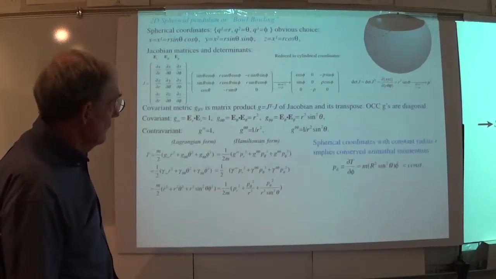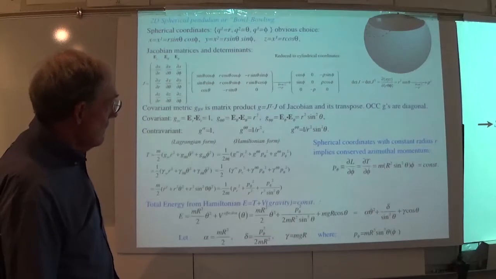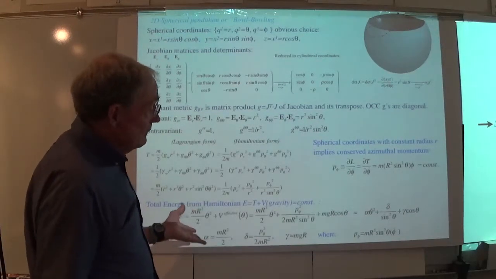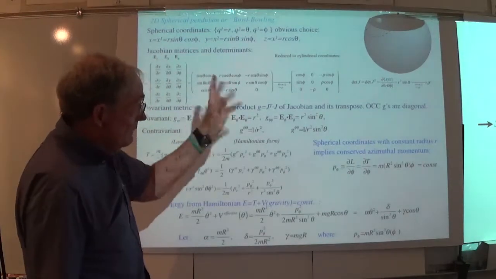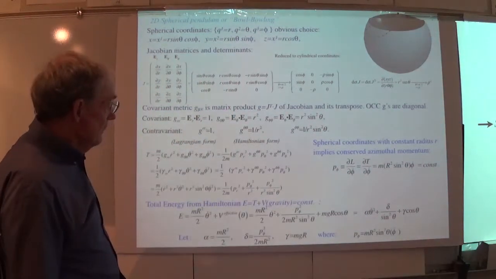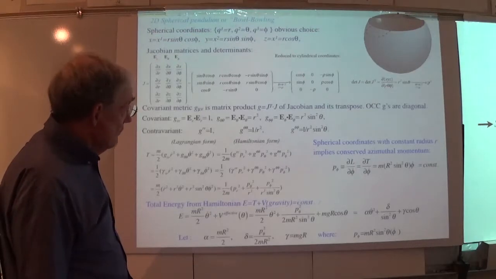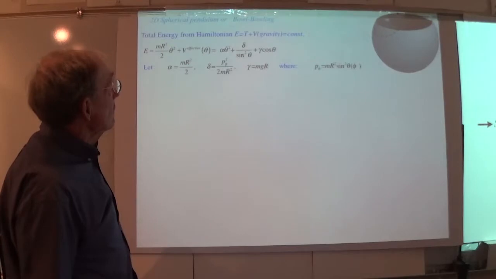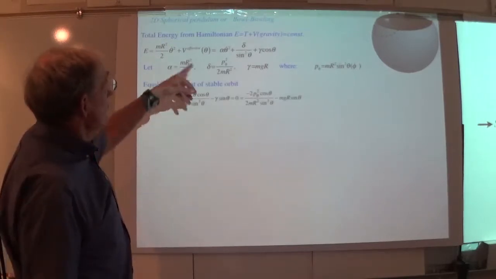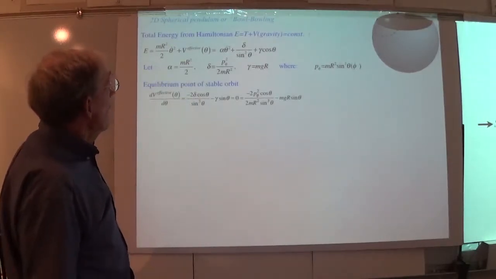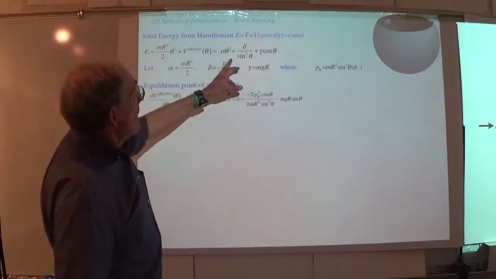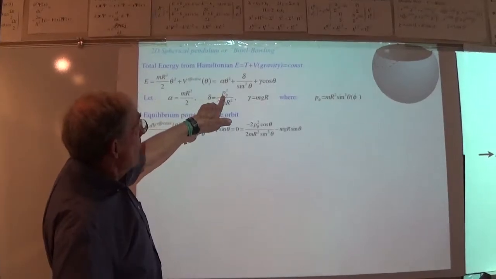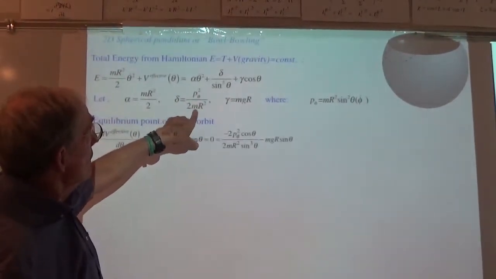There's the kinetic energy for spherical coordinates. But now we're keeping the radius constant. We're all going to be on the sphere with this, going at different azimuthal angles and different polar angles is really what we're doing. So this is an effective potential here. Let's see, the delta is the angular momentum squared over mr squared.